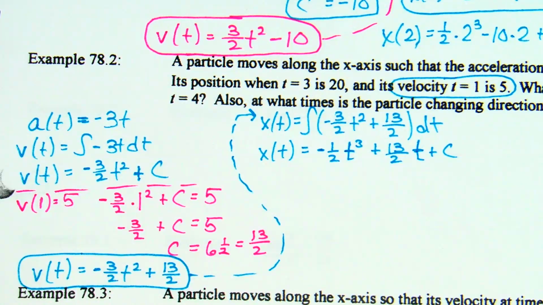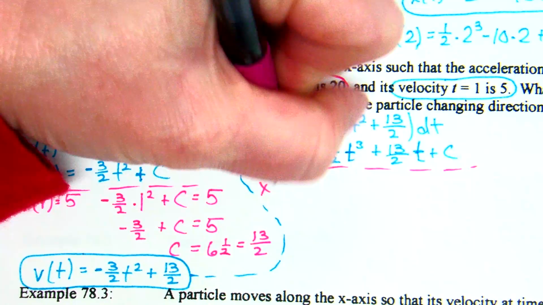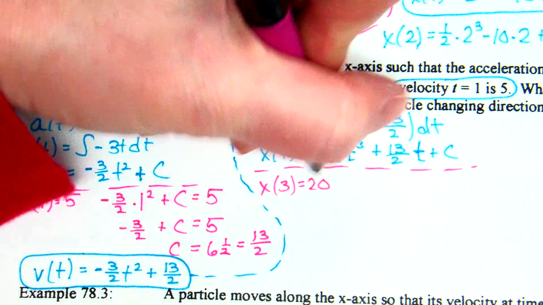What were we provided up in the problem? X of 3 is going to be 20. The position at time 3 equals 20.